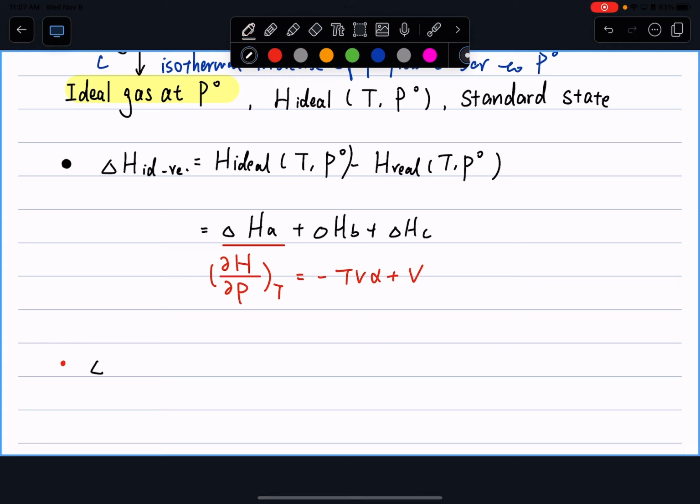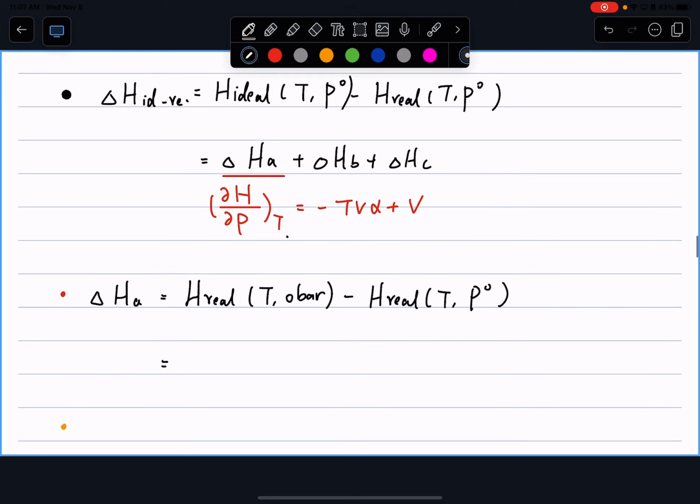Or if we write it out, we have delta H_A equals H real at T, 0 bar, minus H real at T, P naught.